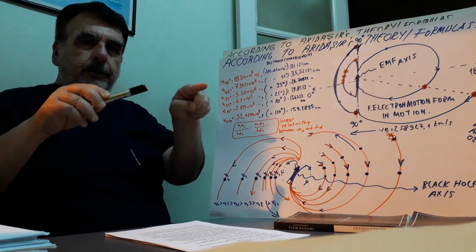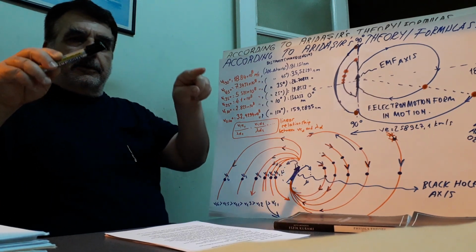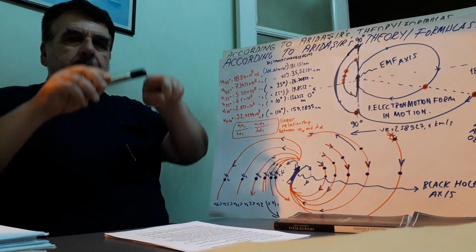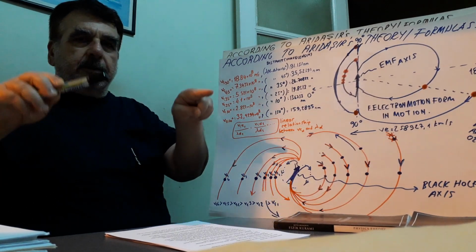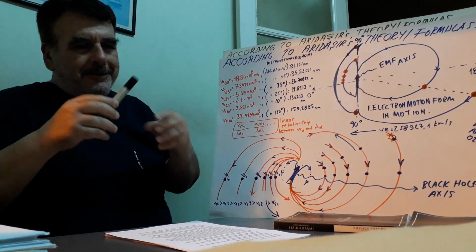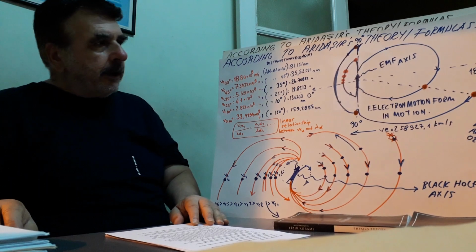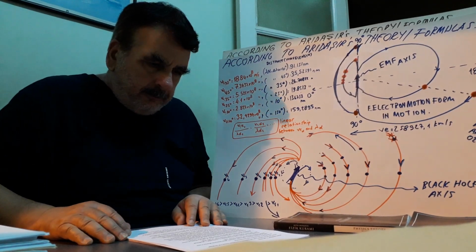Here, slow. Here, greater velocity. Here, slower velocity. But I cannot manage this.